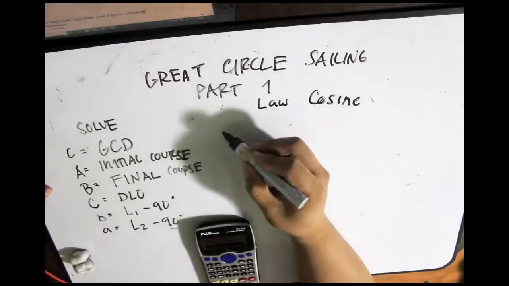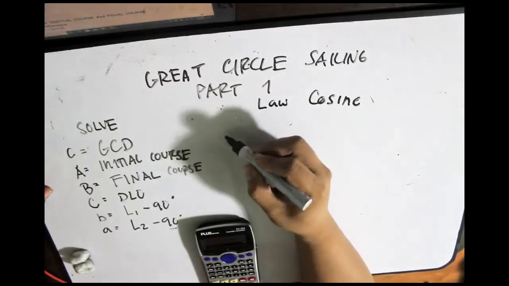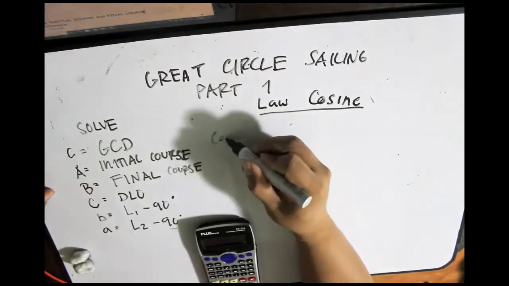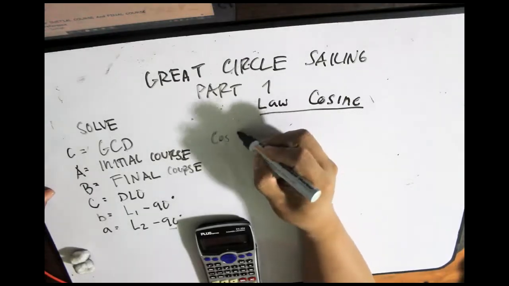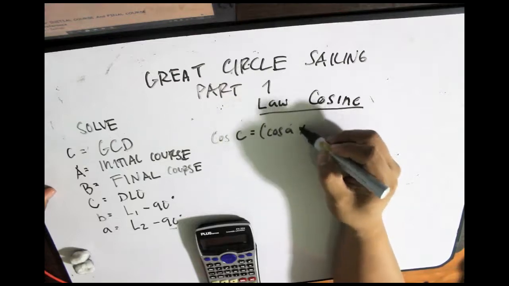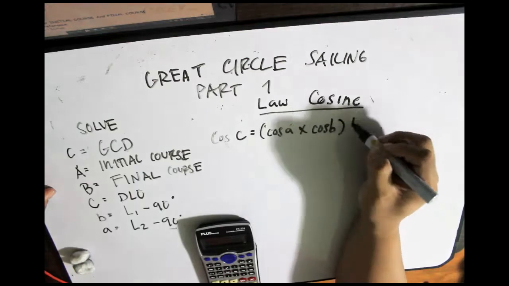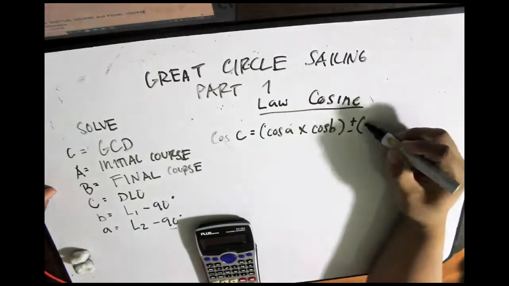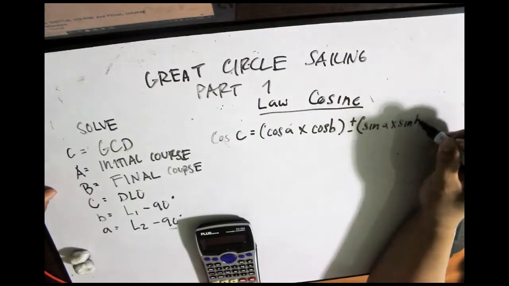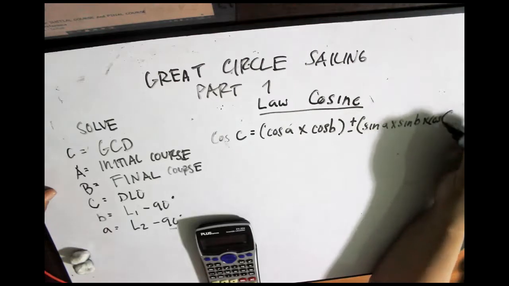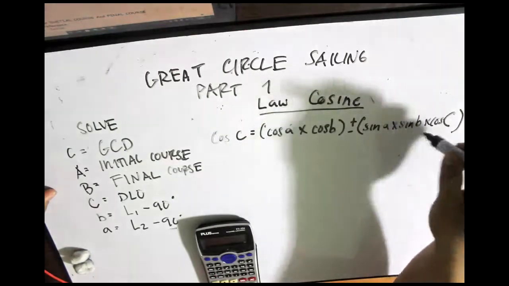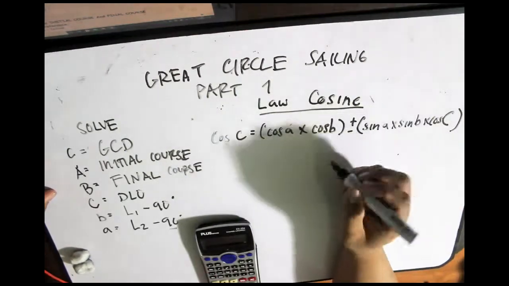So the formula for finding the great circle distance by the law of cosine is cosine c is equal to cosine a times cosine b plus or minus, okay, sine a times sine b times cosine c na malaki. No? Yan. So, cos, cos, cos, sin, sin, cos. Yan. Para madaling ma-memorize. Okay.